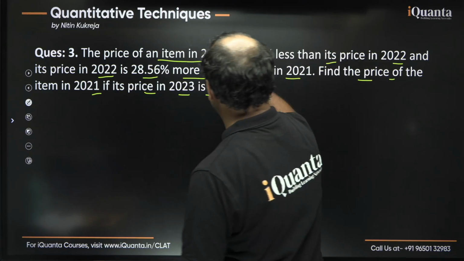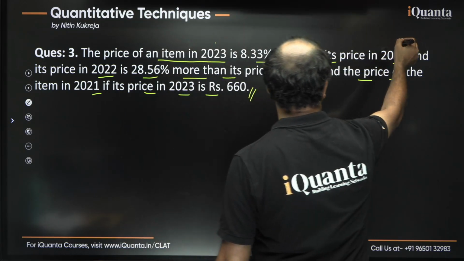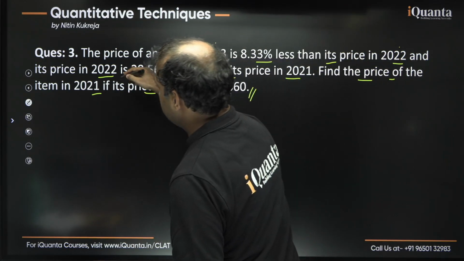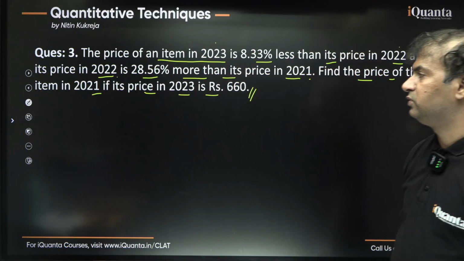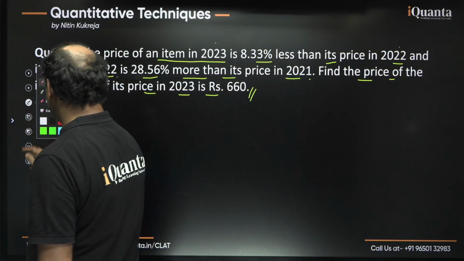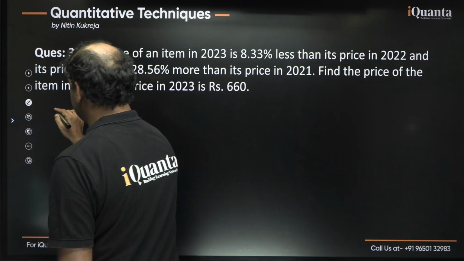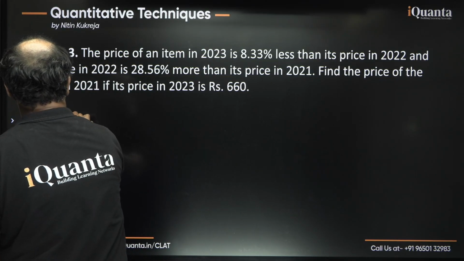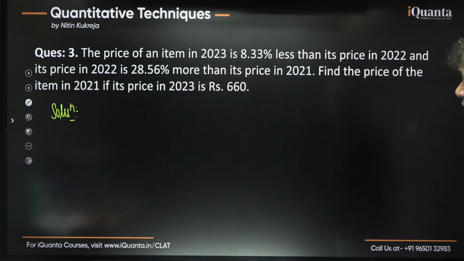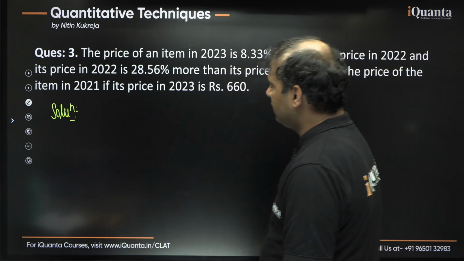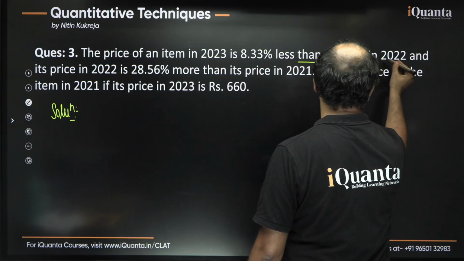The first relation is the price of 23 with respect to 22. The second relation is the price of 22 with respect to 21. So this is what we have to do, guys, right? Okay, let us write both the relations one by one over here. The first case is that the price in 23 is 8.33% less than the price in 22. All right, so in this case, 23 comes after 22.